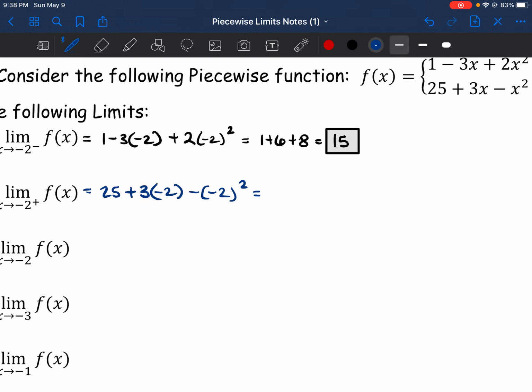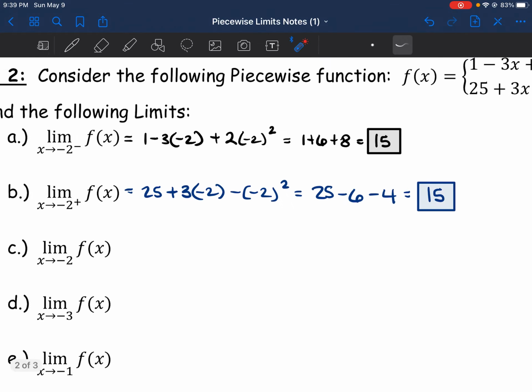So 3 times -2, that's -6. 25 minus 6. Let's see, negative 2 squared would be positive 4, and then we're subtracting it, so minus 4. And 25 minus 6, that's going to be 19. 19 minus 4, that's going to be 15.